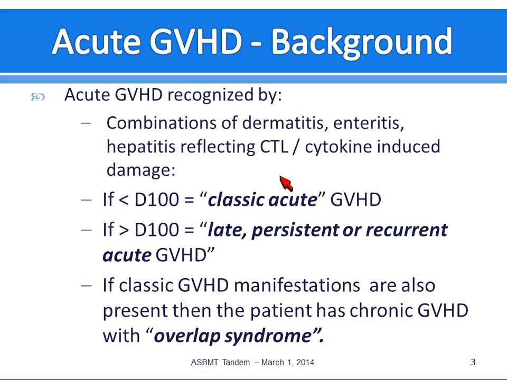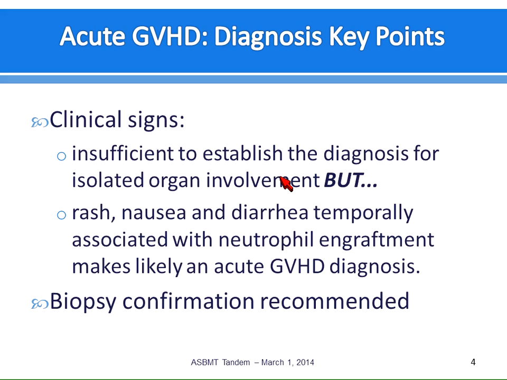If those same symptoms persist beyond 100 days, then it's simply called late acute GVHD, persistent acute GVHD, or if they've had a period of quiescence and then recurrent acute GVHD symptoms, then recurrent GVHD. On the other hand, if you, in addition to those symptoms, have any classic or so-called diagnostic manifestation of chronic GVHD, it's called overlap syndrome. And that's as simple as it is, and we'll show you some more about that later.